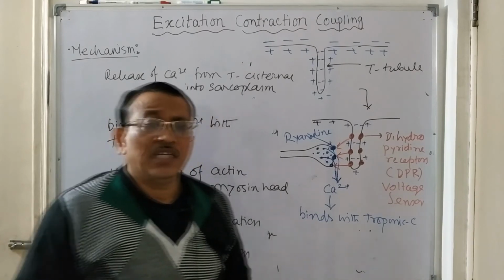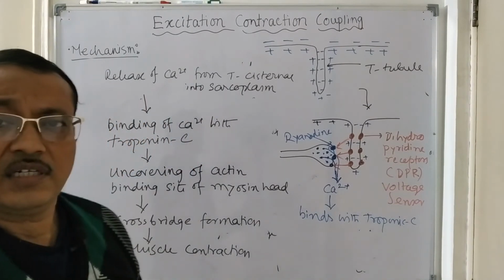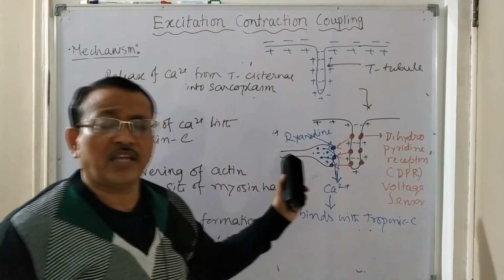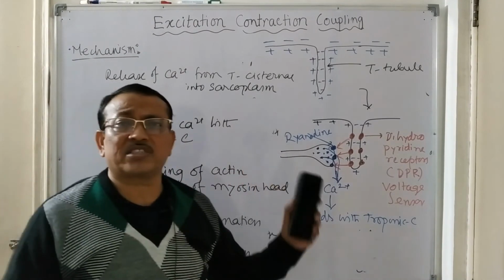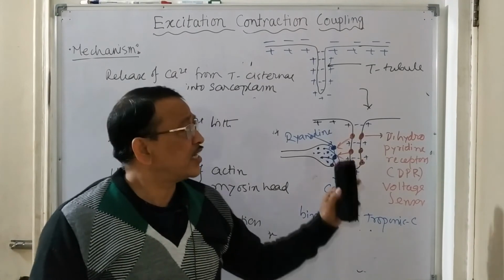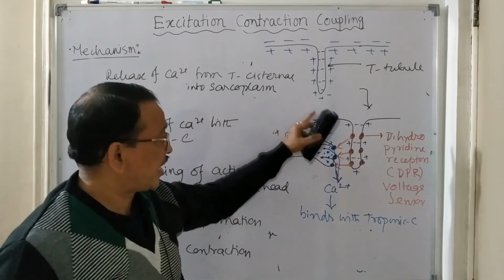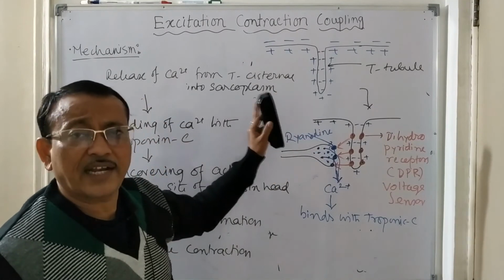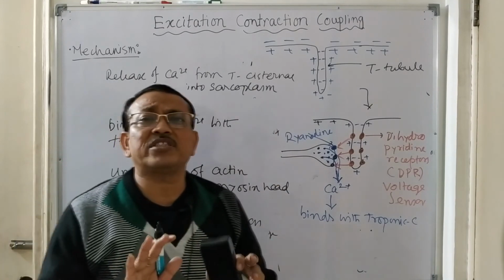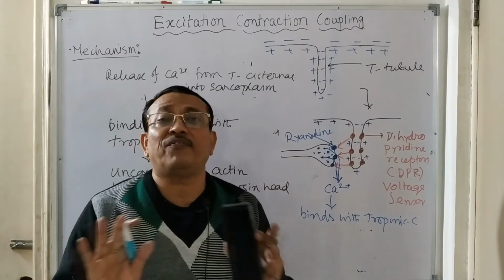Now, this excitation contraction coupling in case of cardiac muscle is a little bit different. This is the explanation that I have given in case of skeletal muscle. In cardiac muscle, the basic mechanism is the same with some differences.